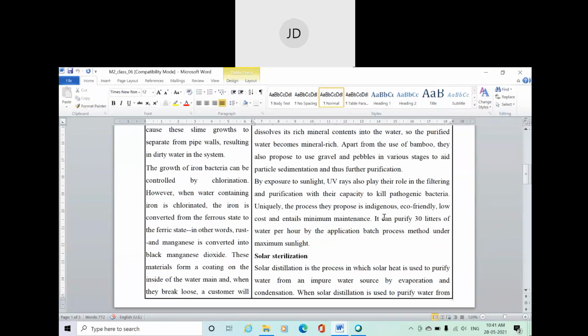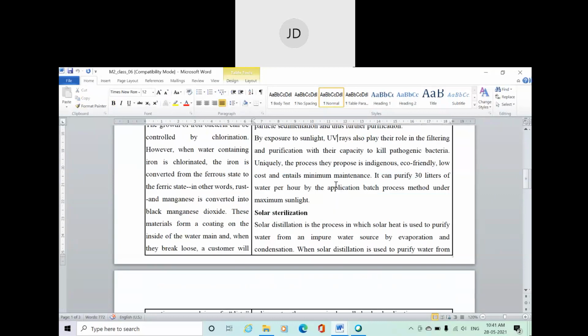It is also eco-friendly and very indigenous, meaning it is locally available, eco-friendly and low cost. Very little maintenance cost is involved in this process. Just by exposing it to sunlight, you can purify water by utilizing the UV rays.